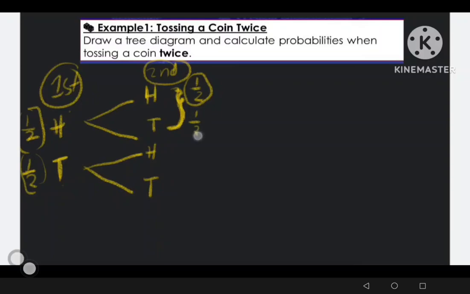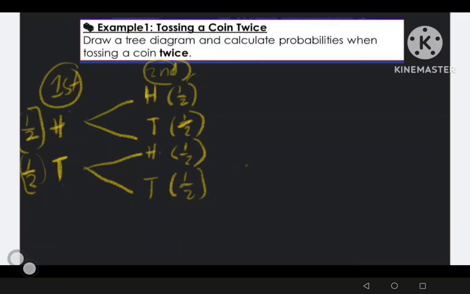We still have 1/2, the same here. Tail, again 1/2. What's the probability of getting a head in this second toss? Still 1/2, because head is one out of two outcomes. What's the probability of getting tail? The same, 1/2.